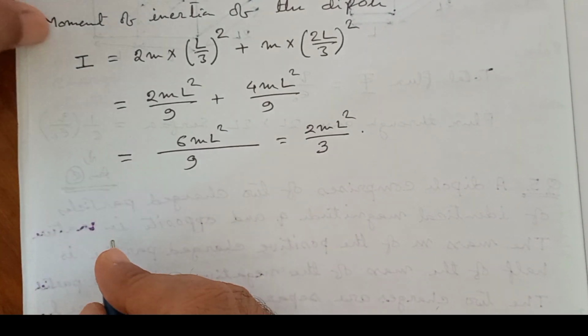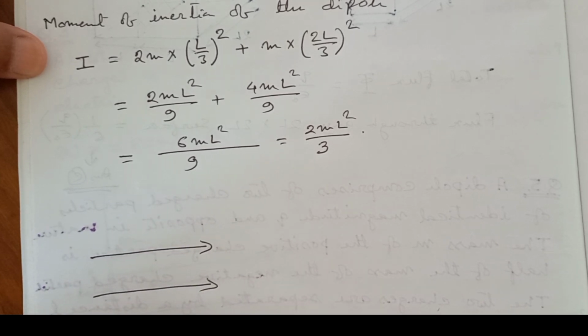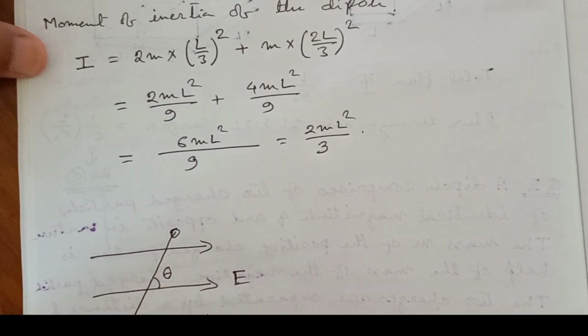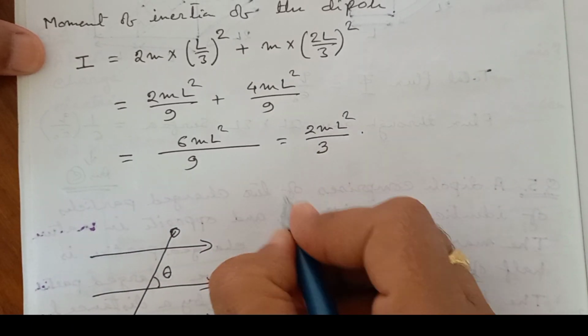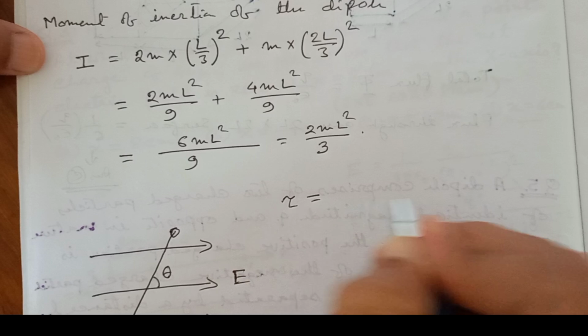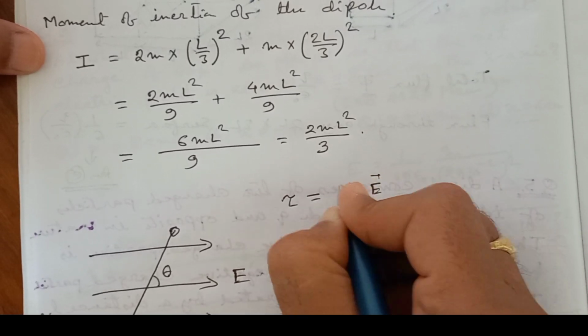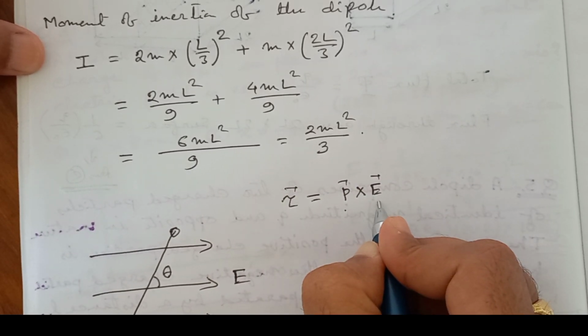Now, if we place the dipole in the electric field E, and the dipole makes an angle theta with the electric field, which is very small, then the torque on the dipole will be tau is equal to P cross E, where P is the dipole moment of the dipole and E is the electric field.